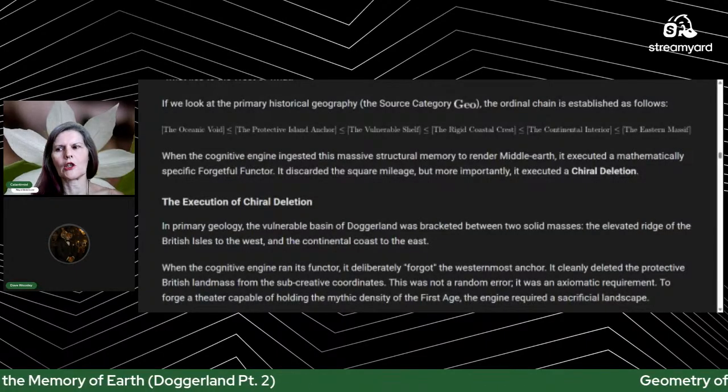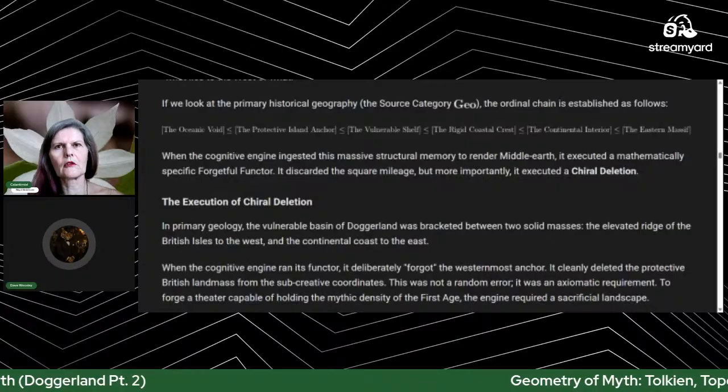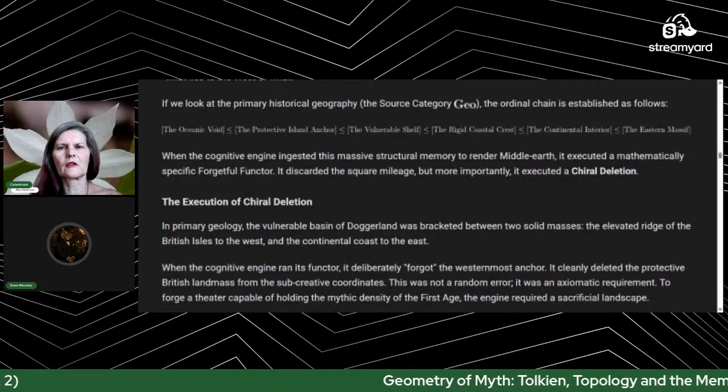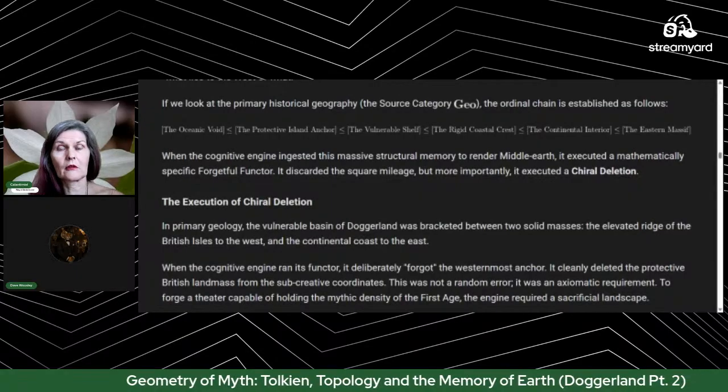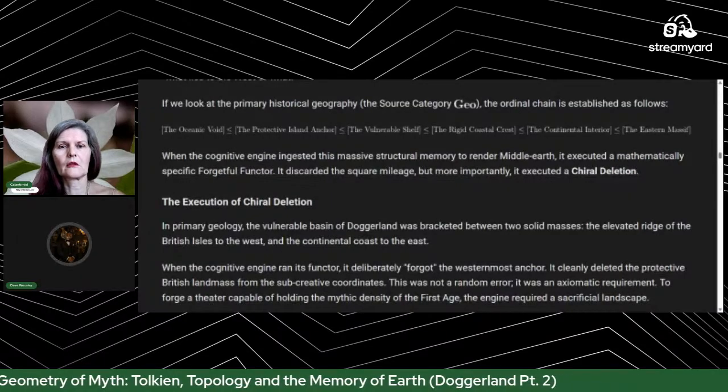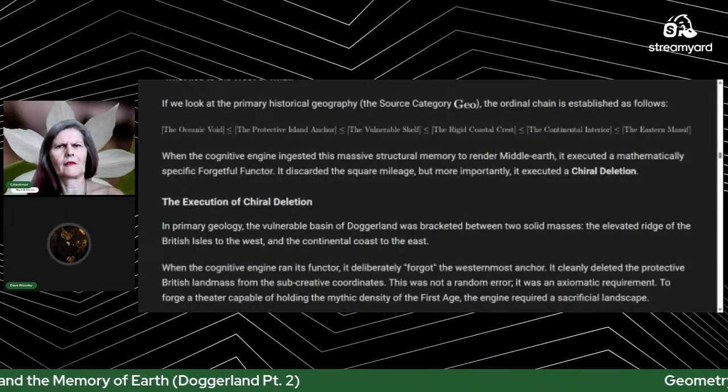I only found this out afterwards, but I came back to it with something that it had written for me. It was based on a Linux system called Macaroni Linux, which was based on Gentoo Linux.